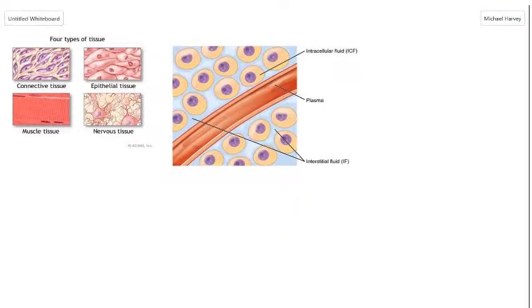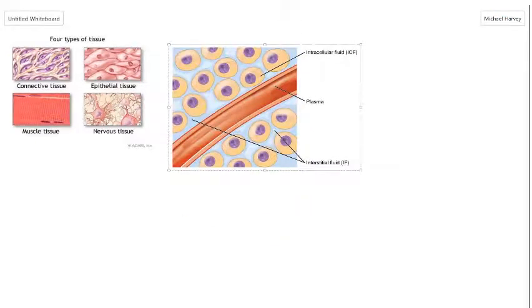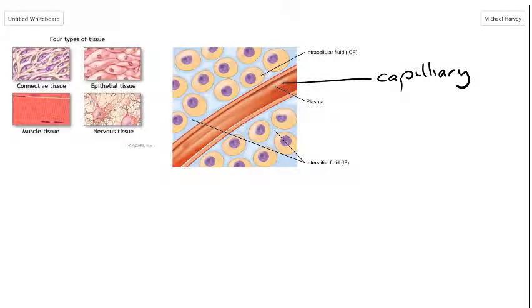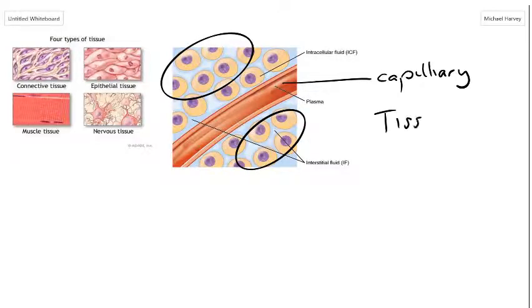This is the capillary, and it's going through a series of cells, and in between the cells is something called intercellular fluid, also called tissue fluid. And this tissue fluid carries the dissolved digested food molecules to the cells.